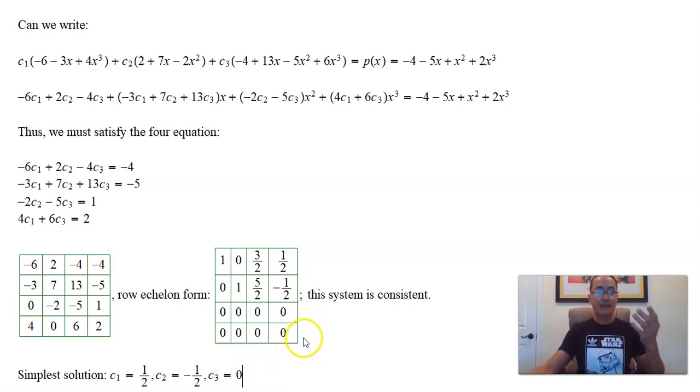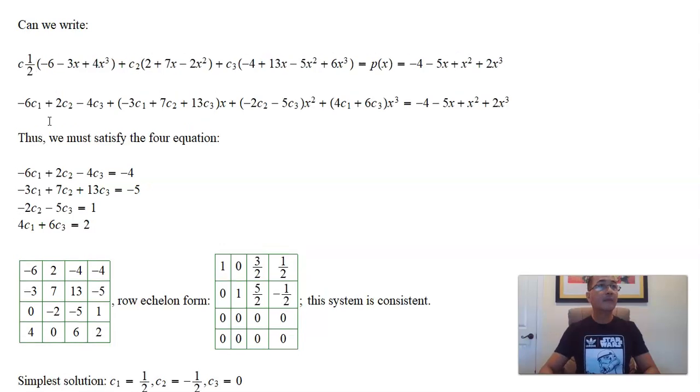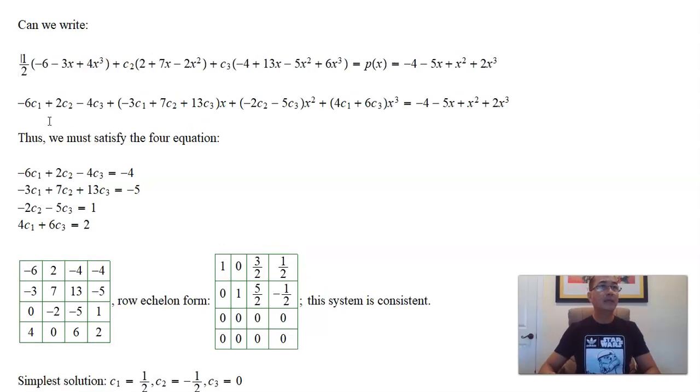And again, we said that yes, it's part of the span. This p of x is part of the span. So we can check. C1 is 1 half. C2 is negative 1 half. I am going to just replace C3 with 0 because I'm going to do one more thing after this.